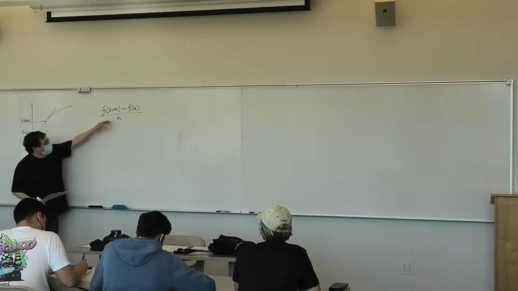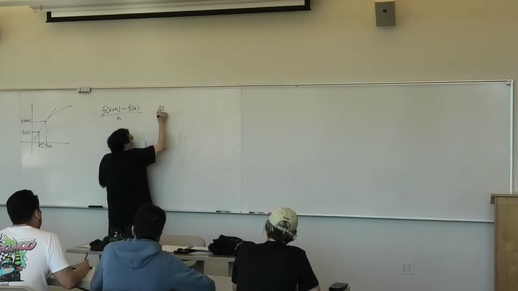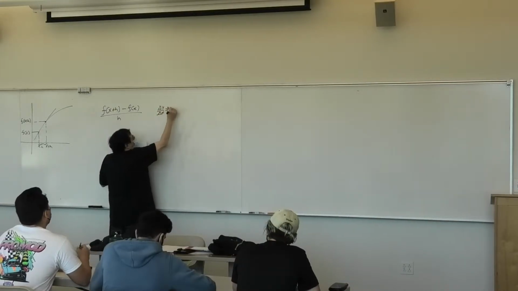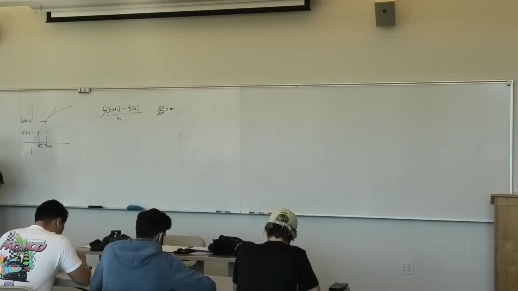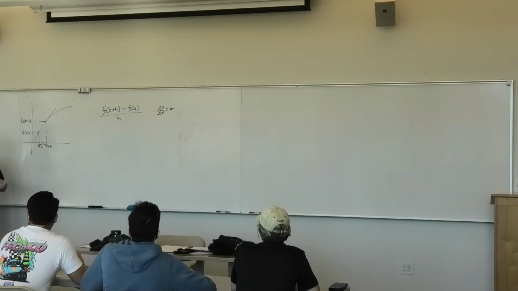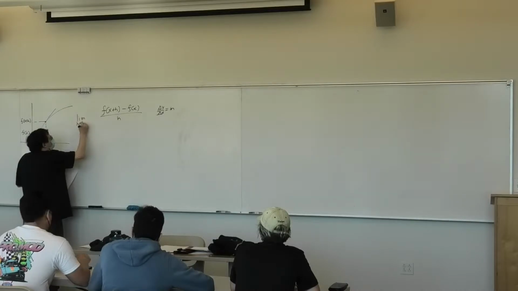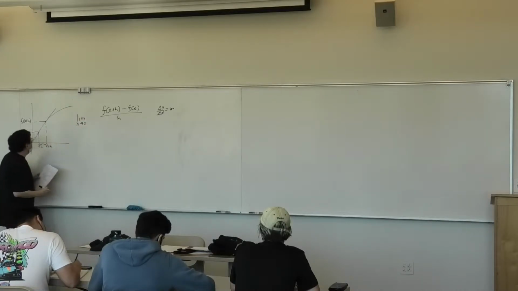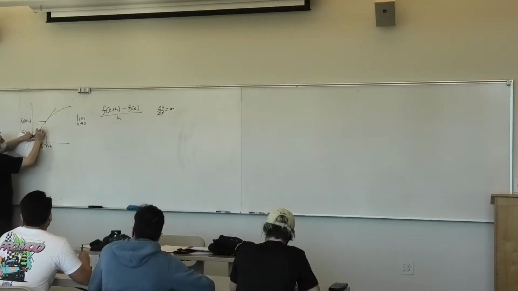This formula is the equivalent of delta y over delta x, the slope of a line. And now we make this calculus. We take the limit as h approaches 0. So we're taking this line, this point, and we're bringing it closer and closer.